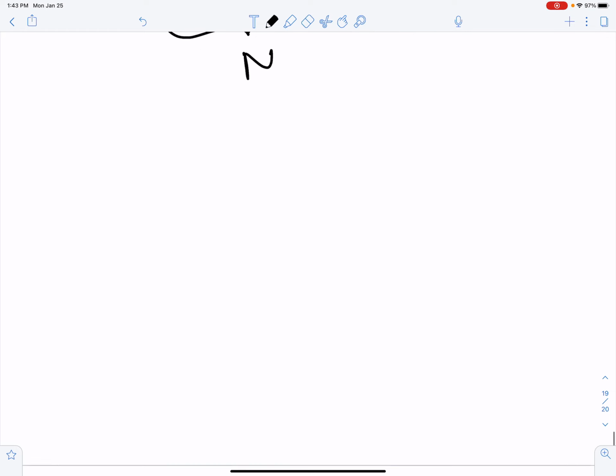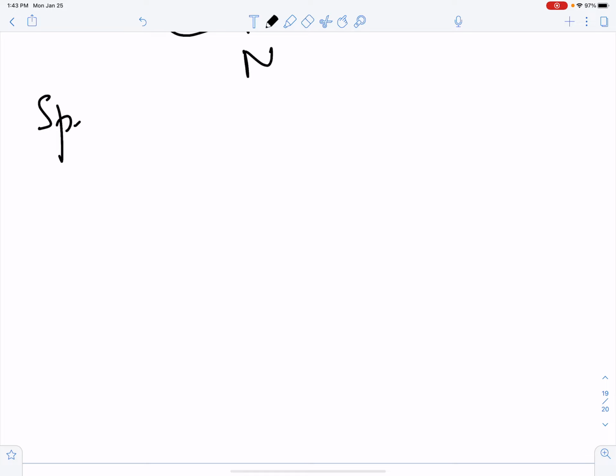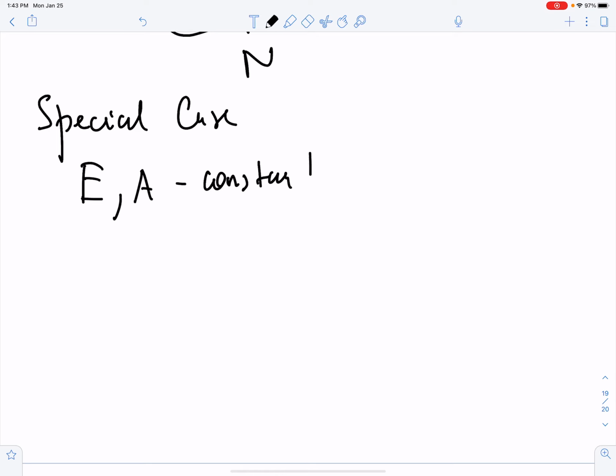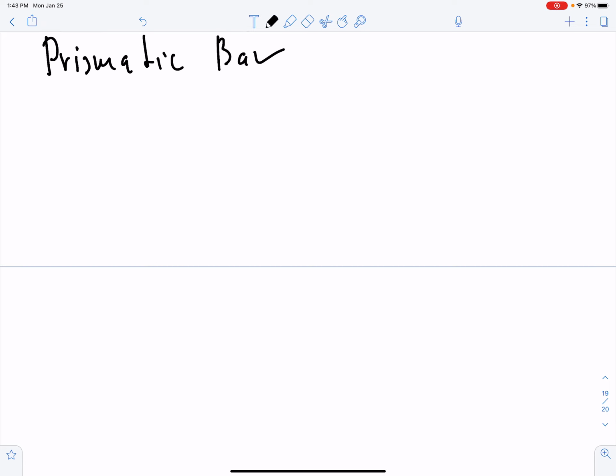So an important special case is E and A constant. In this case, the bar is referred to as a prismatic bar. And then the differential equation simplifies to this.